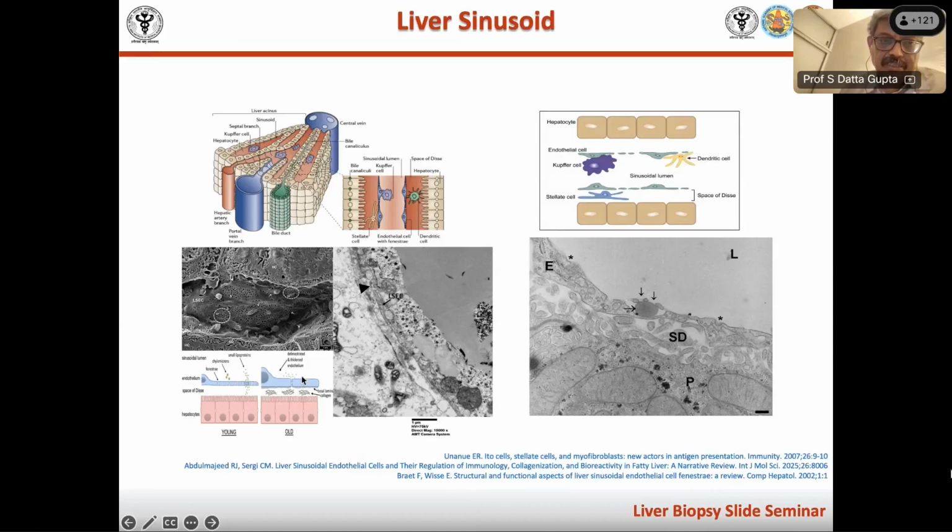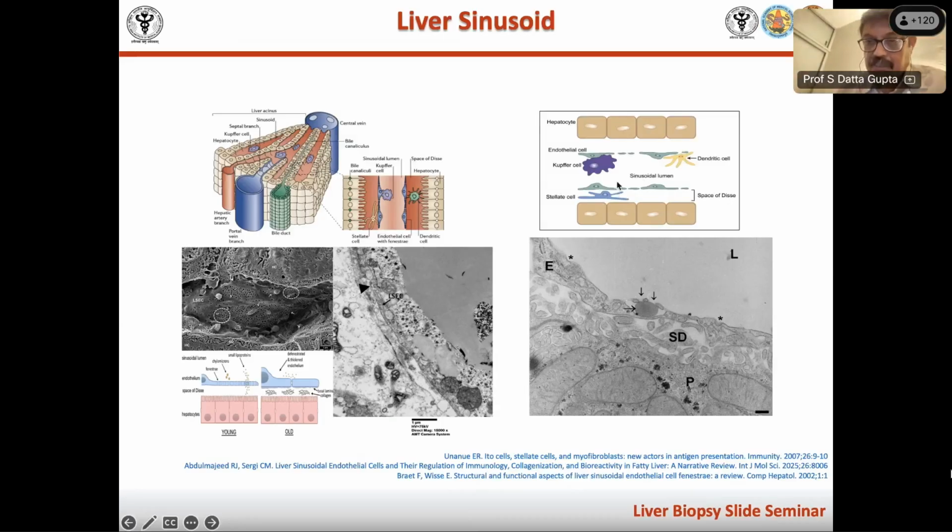Lining with the endothelial cells, you will find dendritic cells and Kupffer cells. Kupffer cells are not present in the space of Disse. Dendritic cells, which are antigen presenting cells, are not present in the space of Disse. I hope that is clear where these cells are located, right? So stellate cells or fat storing cells are found here in the space of Disse.